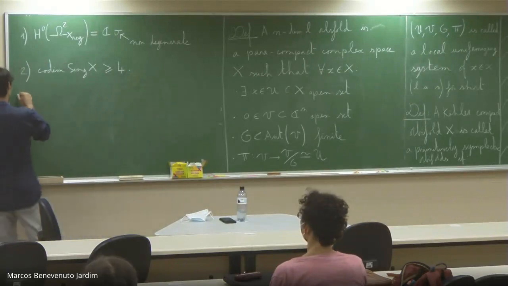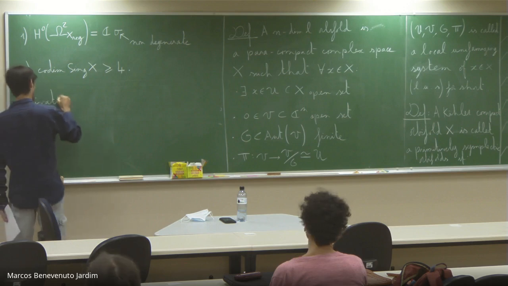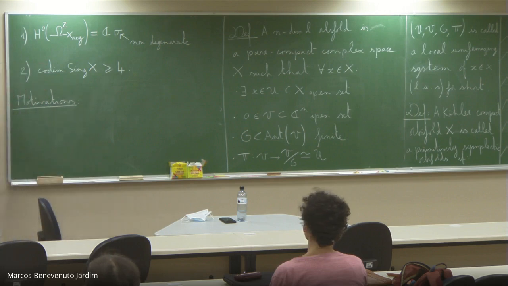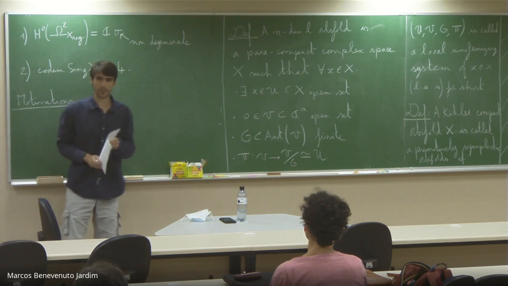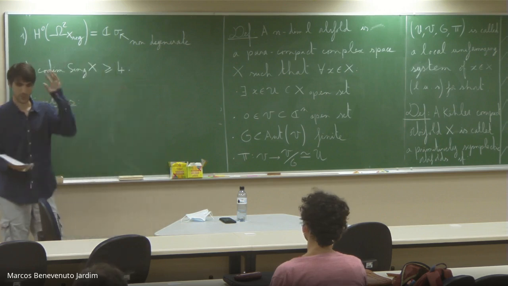So okay, maybe now I can give a little bit of motivation. This is a generalization of what is called a hyperkähler manifold. I don't know if everyone has already heard about this.